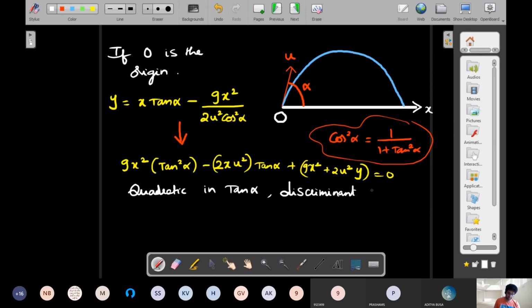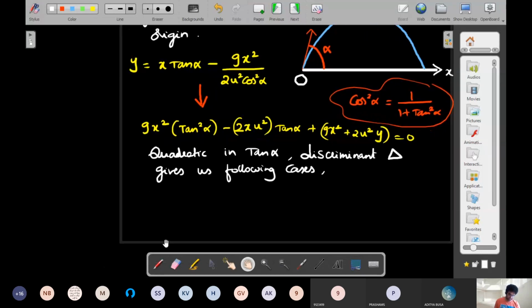Delta is the symbol for the discriminant. It gives us the following cases. So what are those following cases?